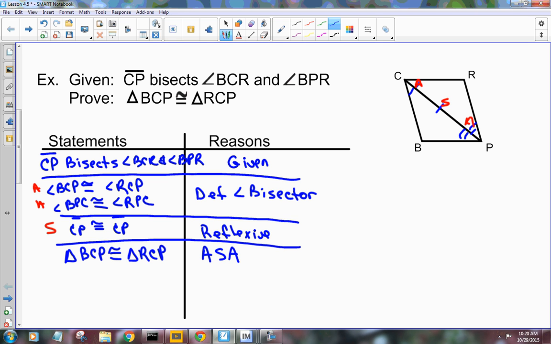ASA, that's right. Now, one thing I want you to notice, I did not state those in the right order, did I? Up here, but that's okay, as long as they're stated. You just need to make sure you look at the picture and that you put the right reason, okay? Because in a proof, sometimes the order of things doesn't matter, and sometimes it does. Like, before I make this last statement, everything else has to be stated. But I could have switched these 2, the third statement, and it wouldn't have mattered, okay?